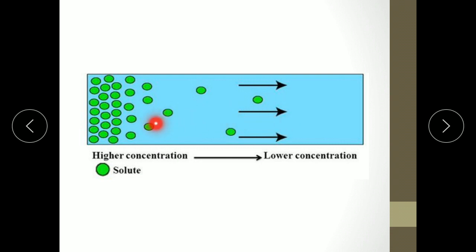Now if it is down the concentration gradient, means higher to lower, it is called passive diffusion, and against the concentration gradient, means lower to higher, it is called active transport.